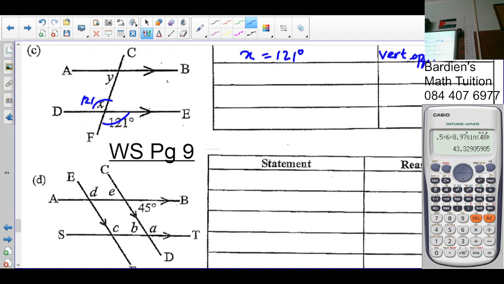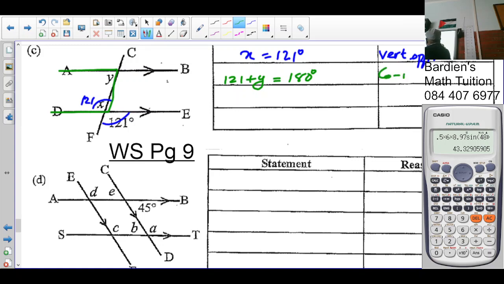What did we say about the co-interior angles? They are supplementary. Didn't I say yesterday that they add up to 180? So I must say 121 plus y is equal to 180 degrees.